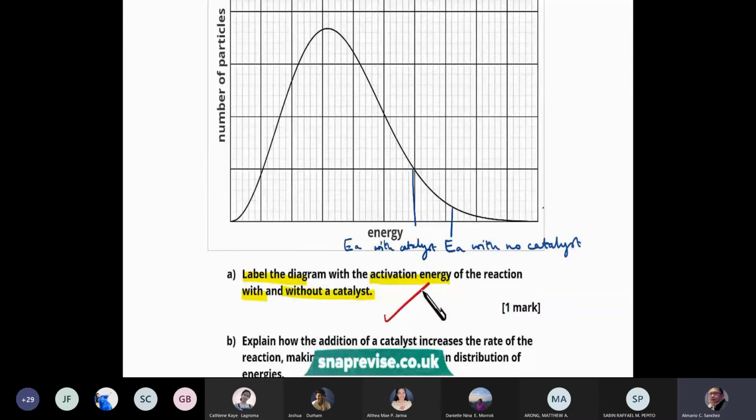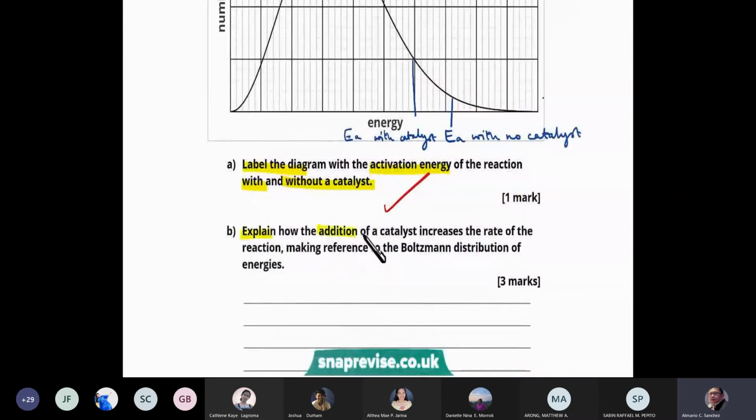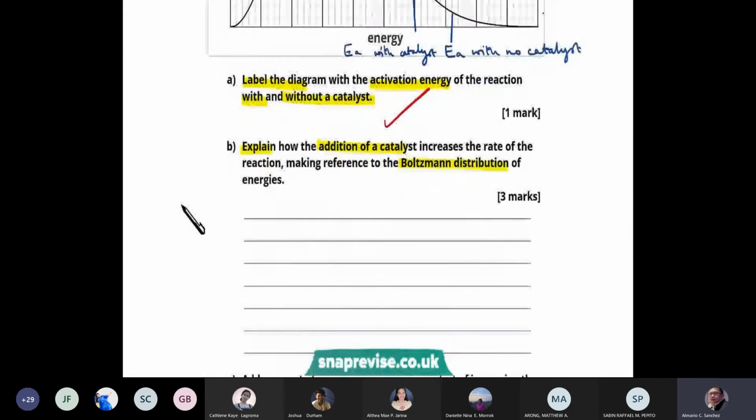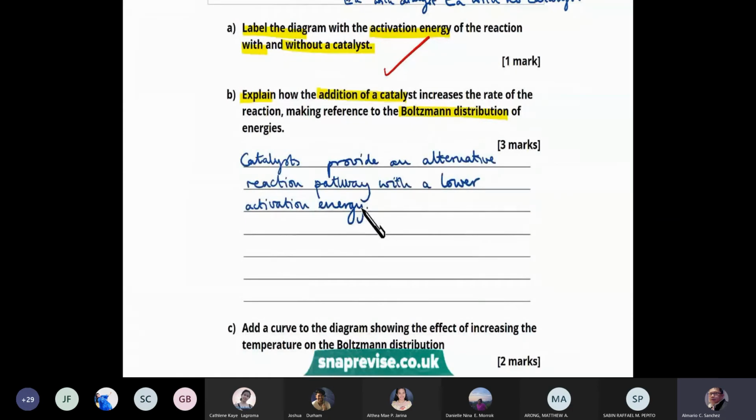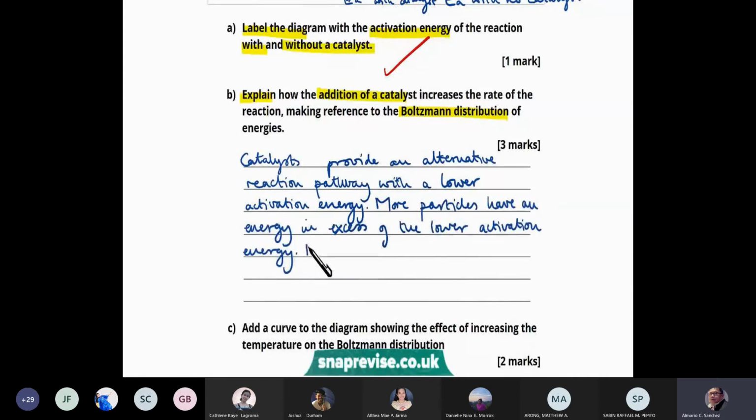Moving on to part B, we're asked to explain how the addition of a catalyst increases the rate of reaction, making reference to the Boltzmann distribution of energies. So we know that our catalyst provides an alternative reaction pathway with a lower activation energy. We've just shown that on our graph. As a result, more particles have an energy in excess of this new lower activation energy, and therefore more successful collisions occur per unit of time.